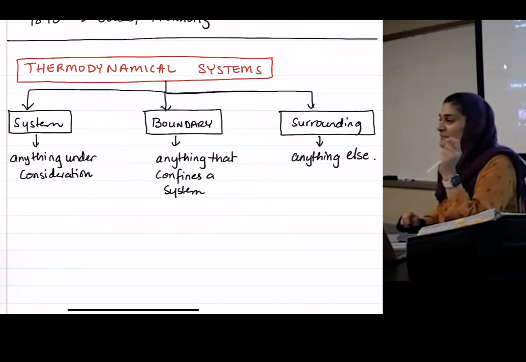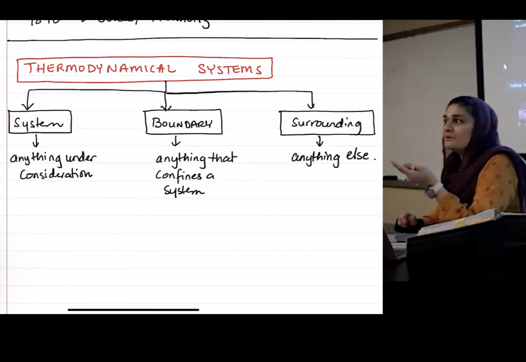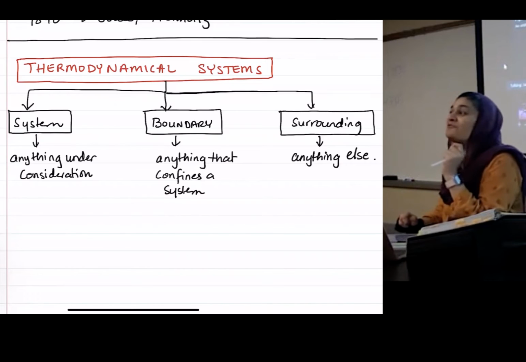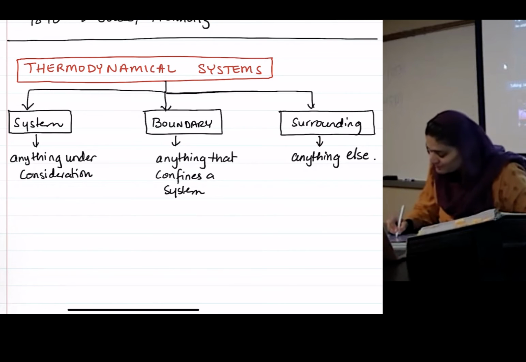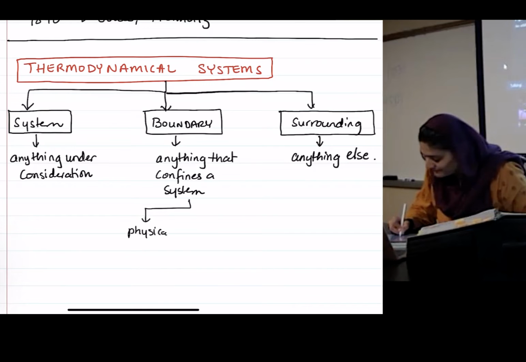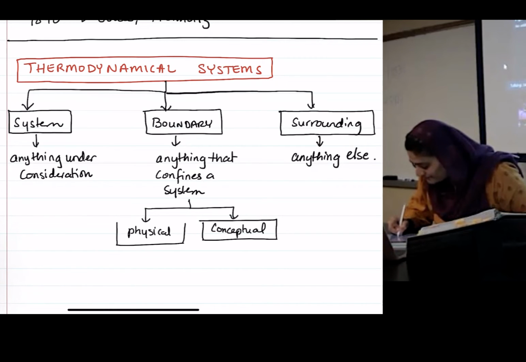Do you have a question? Just about boundaries, like physical and theoretical, conceptual? Conceptual. Physical and conceptual. That's a good word. Yeah. Let's write those down. I like those words. So boundaries could be physical and or conceptual. Ooh, I need to remember that for the next time I write that textbook.